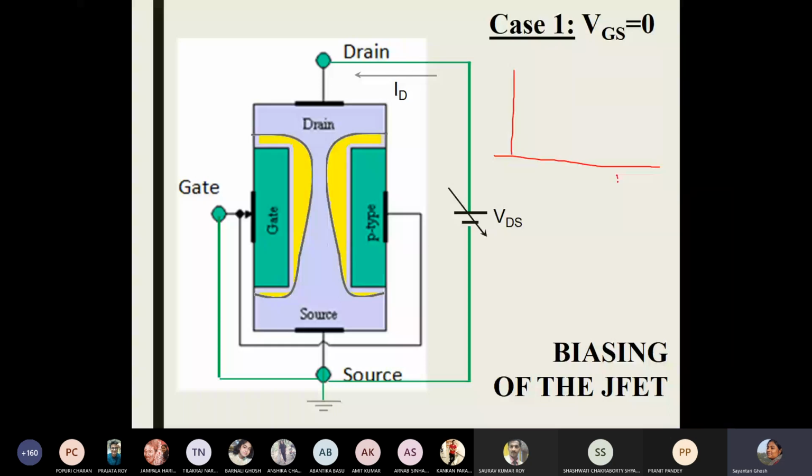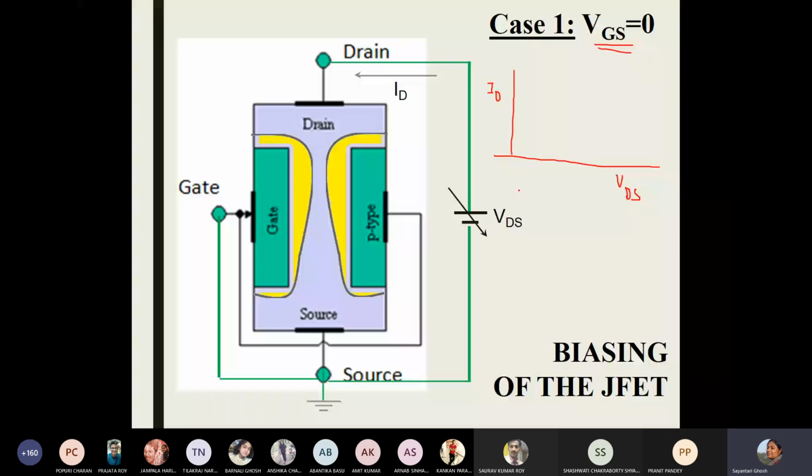We'll discuss that in detail, but for now, in the x-axis we are drawing VDS, and in the y-axis I am plotting ID, the current flowing. For now, VGS is equal to 0. We have not applied any voltage between gate and source yet. Now we start from a voltage of 0 and change it to higher and higher values.